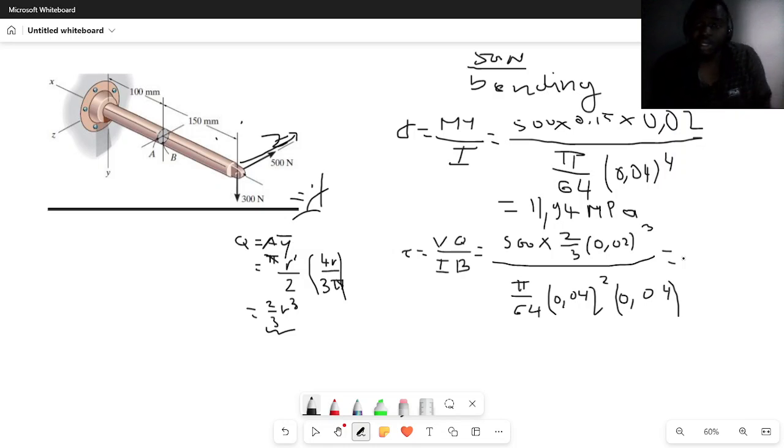Is it what this guy got on his solution there? I think I'm the one making a mistake here. I think this one is a 4. When you do it, you get 0.531 megapascal.